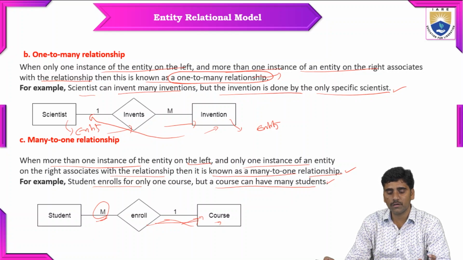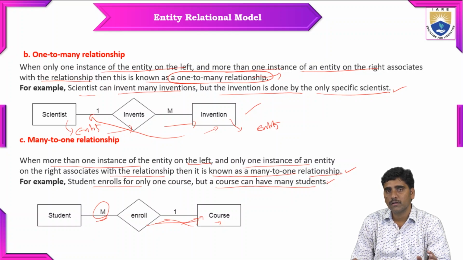That indicates that one instance of an entity on the left side and multiple instances of an entity on the right side are related to each other. Then it is called a one-to-many relationship. And next, third one, many-to-one relationship.